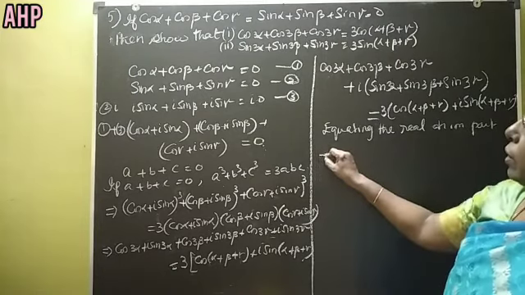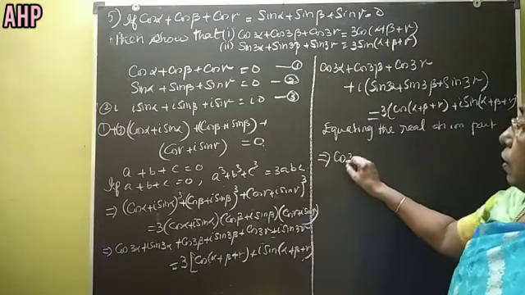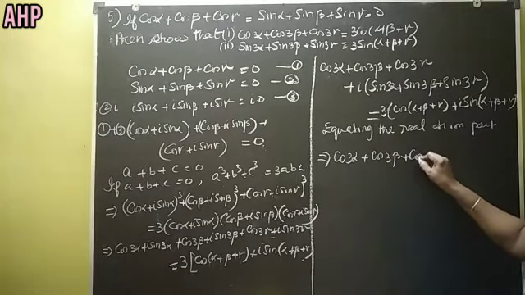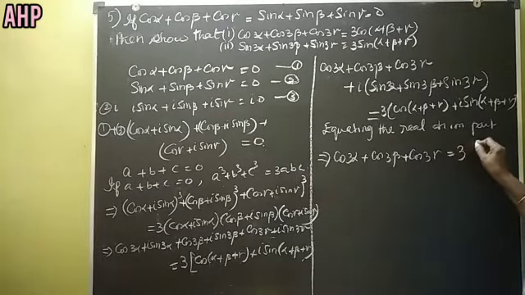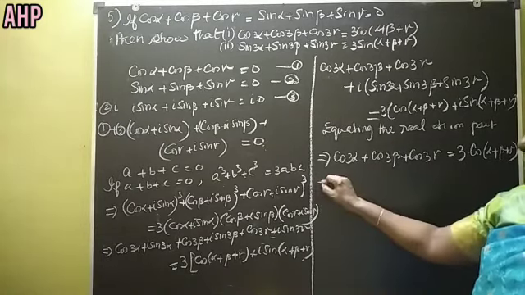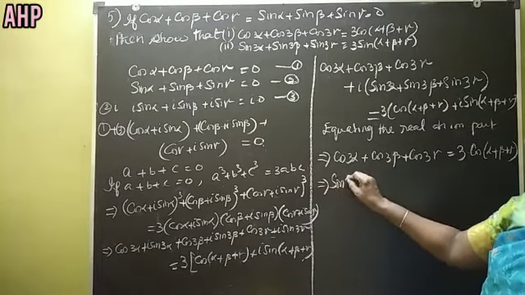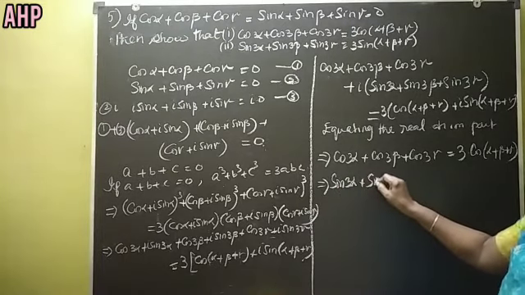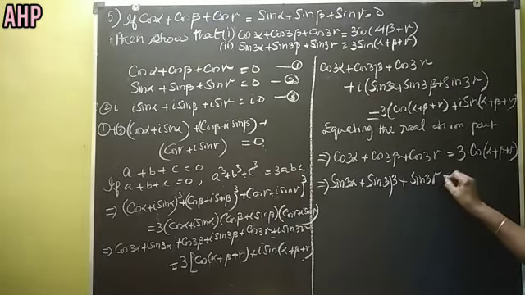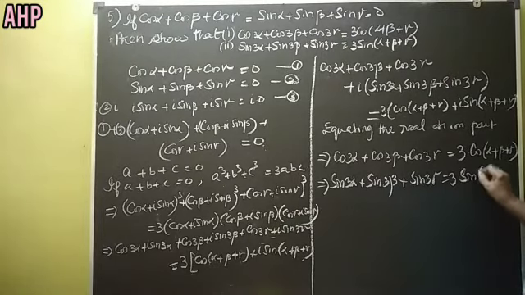So equating that gives cos 3 alpha plus cos 3 beta plus cos 3 gamma is equal to 3 into cos of alpha plus beta plus gamma. Equating the imaginary part we get sin 3 alpha plus sin 3 beta plus sin 3 gamma is equal to 3 sin of alpha plus beta plus gamma.